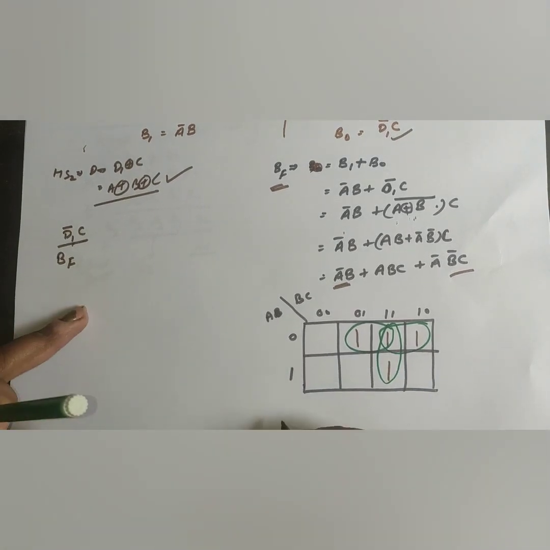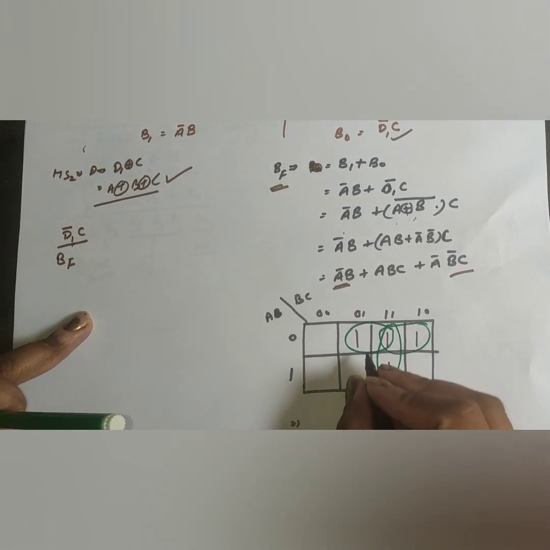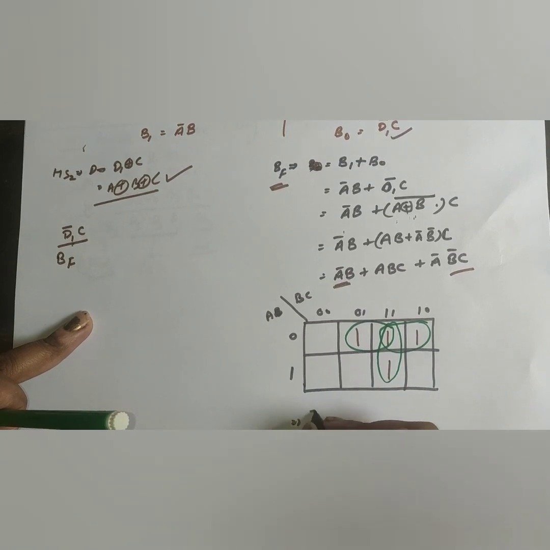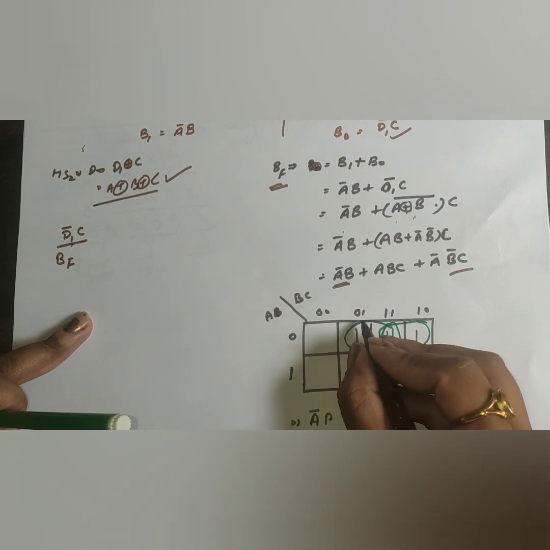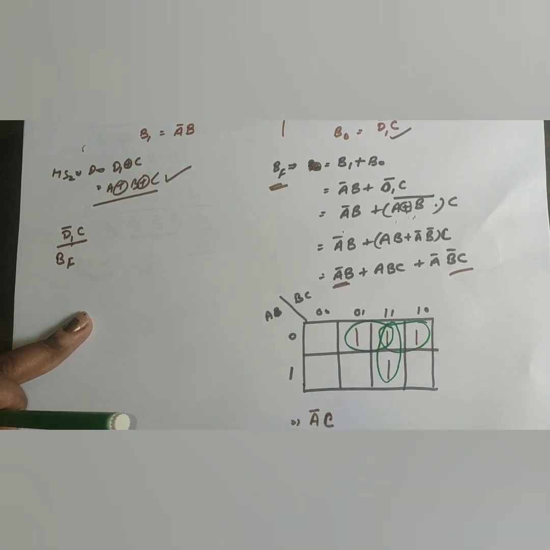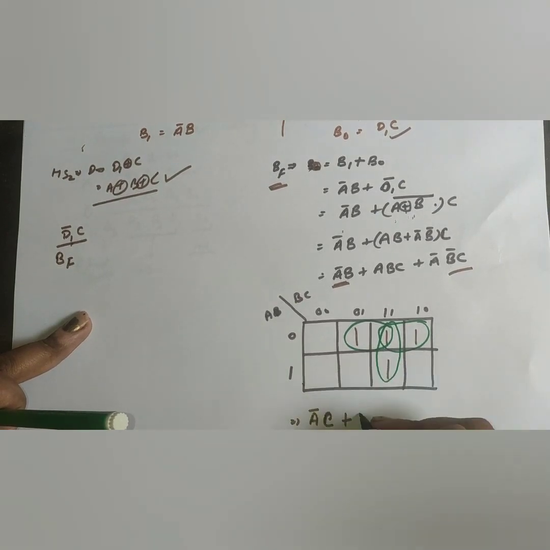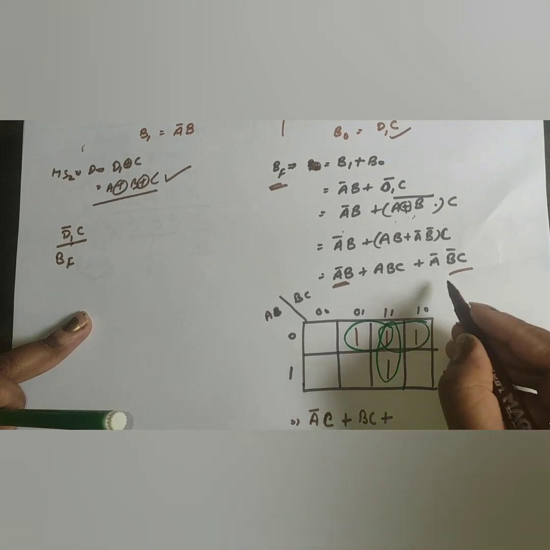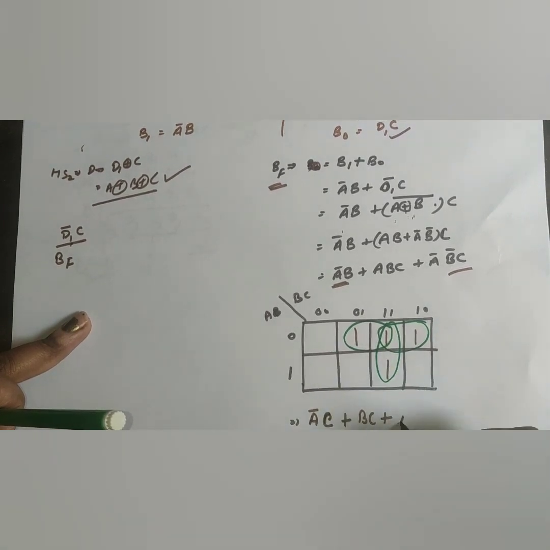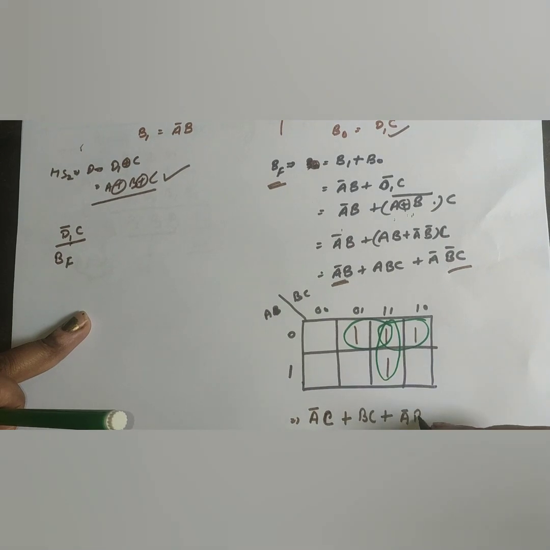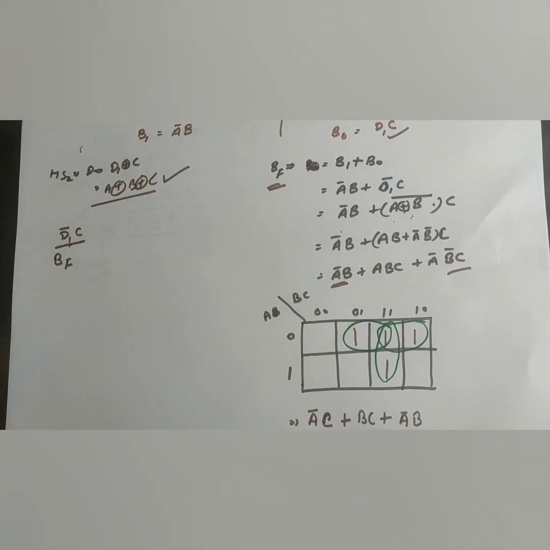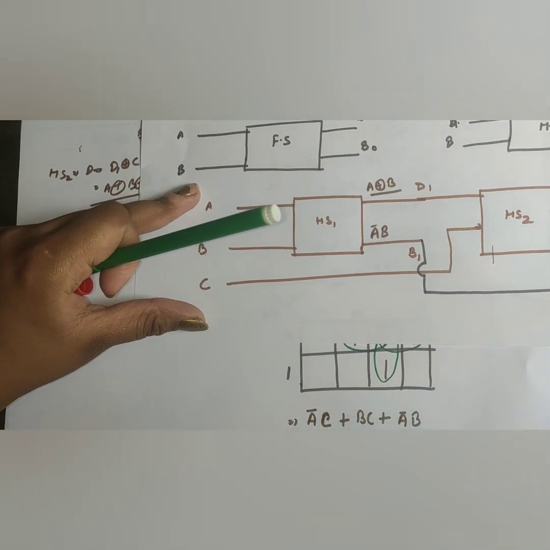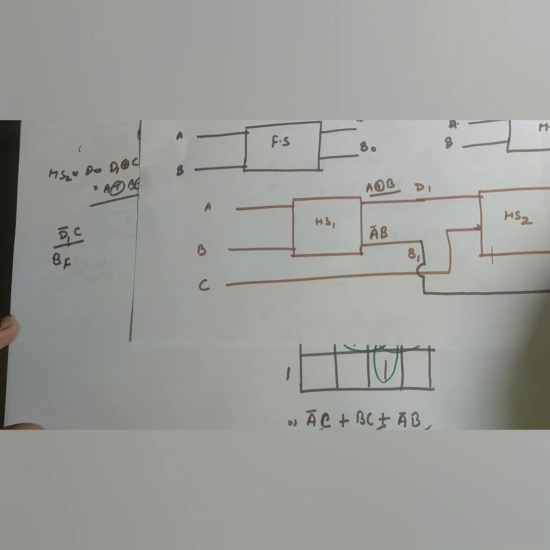Now it will be A bar, and here B is eliminated, there is C, plus here A is eliminated, now we have only BC, plus here A bar and C are eliminated, that is B. Now you can check, that is A bar B, A bar C and BC. This is the output of full subtractor.